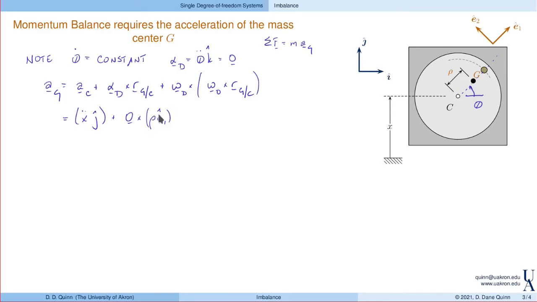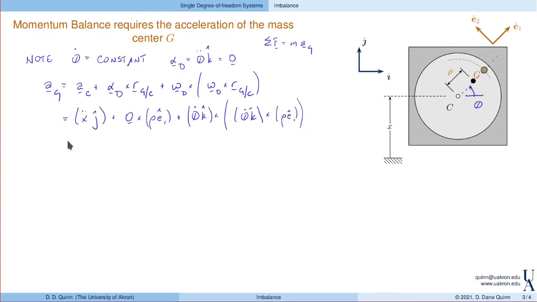Rho was our eccentricity that we found previously, and E1 is the direction from c to g. So this term vanishes, but this term does not. The angular velocity is theta dot in the k direction, and so that's omega cross rho E1.